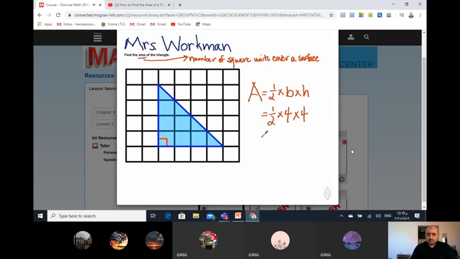So I've made those substitutions. 1/2 times 4 is... I'm sorry, 1/2 of 4 is 2. 2 times 4 is 8. The area of the triangle is 8, and because we aren't given any specific units, 8 square units.